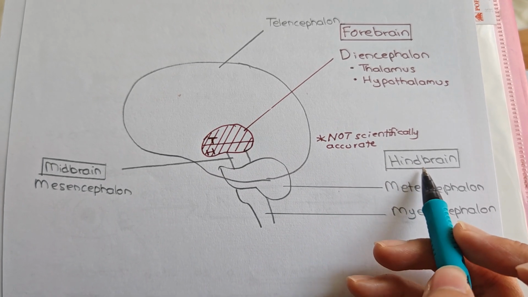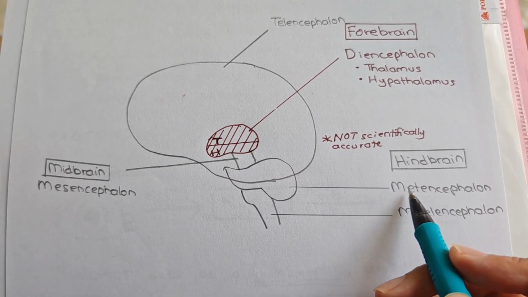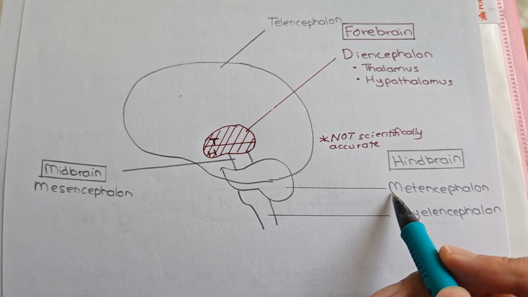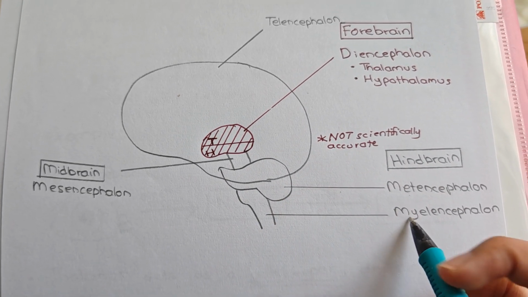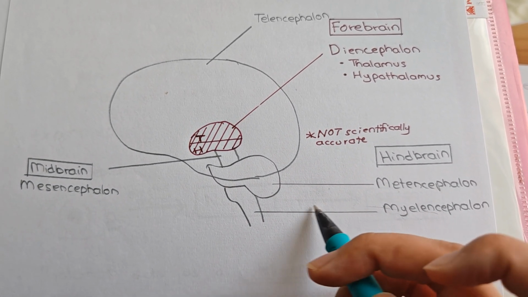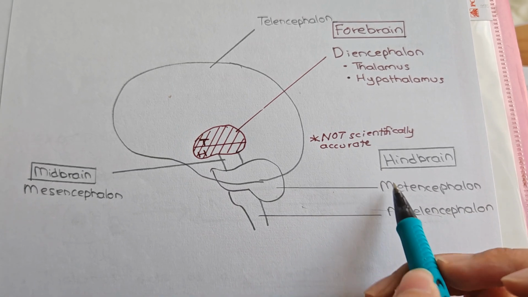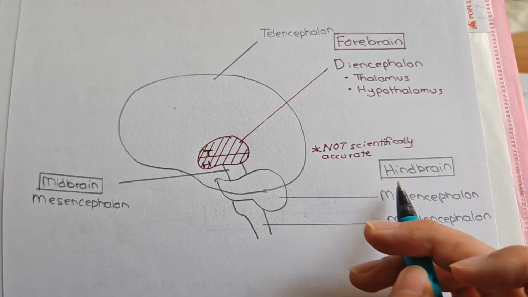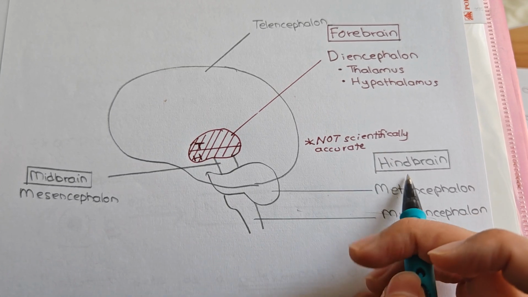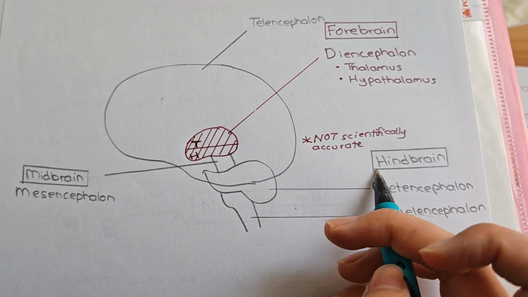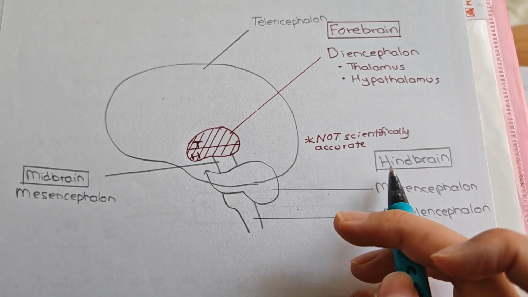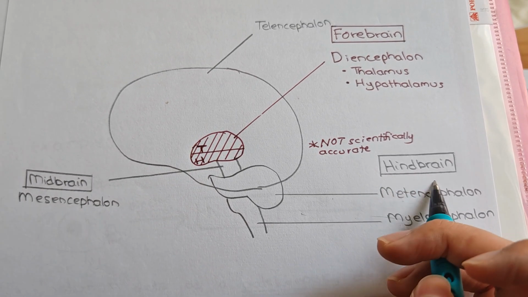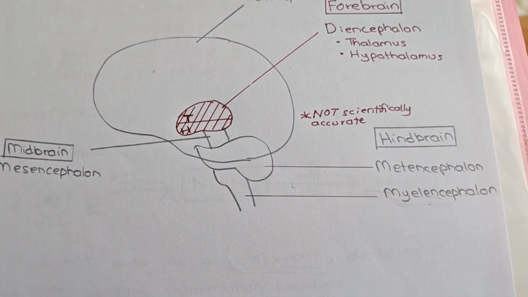It consists of the metencephalon and myelencephalon. Similar to the word forebrain, hind means the back, so it means at the back of the brain.